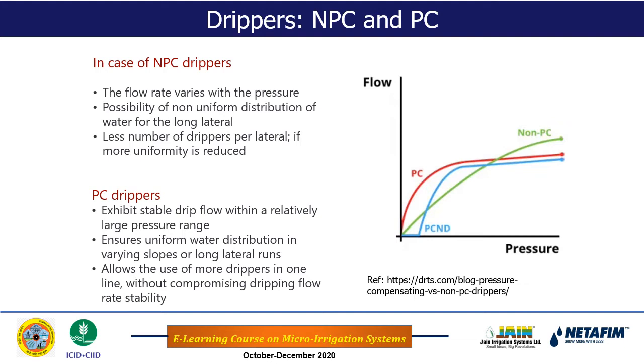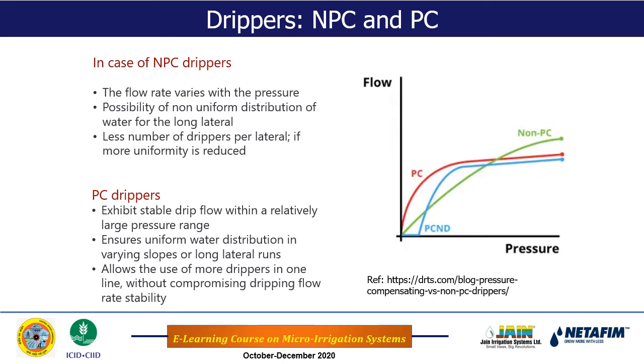So this happens along the lateral. If we take any lateral, at the head of the lateral there will be more pressure, and as water goes towards the tail of the lateral, it has to overcome the head loss due to friction offered by the inner surface of the lateral.